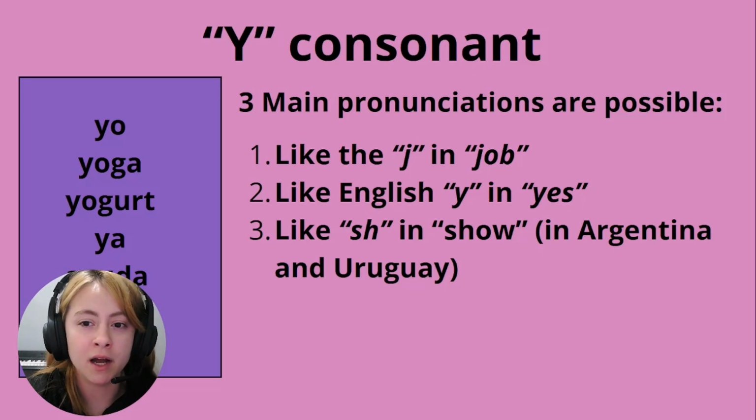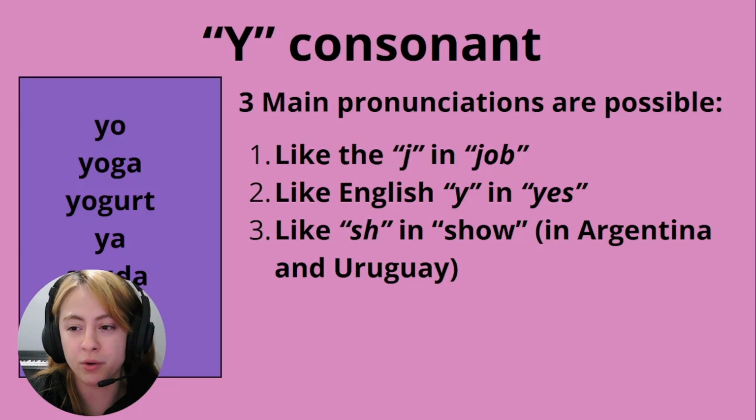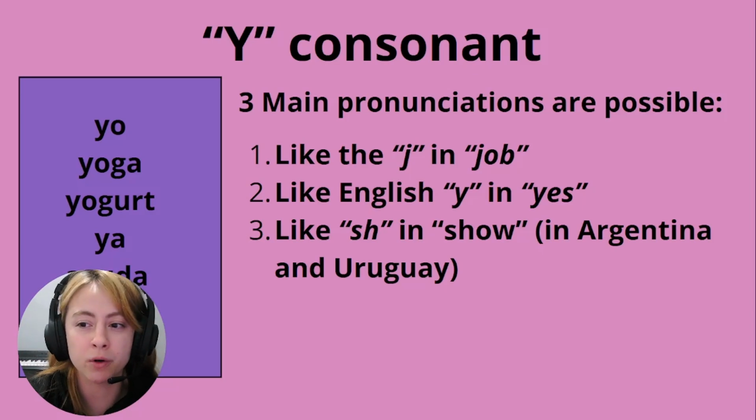And there are actually three main ways that this can be pronounced. So the most common way is that it is similar to the J letter in English. So, for example, the sound in job or John, it is this J sound.